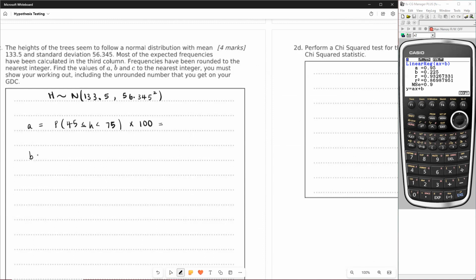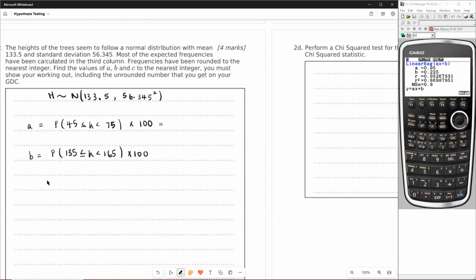And then B, we work out by doing the probability from 135 to 165. Also multiply that by 100 to get the expectancy.